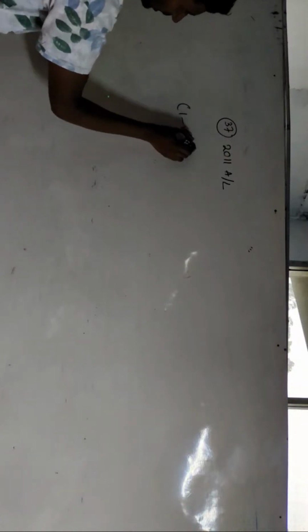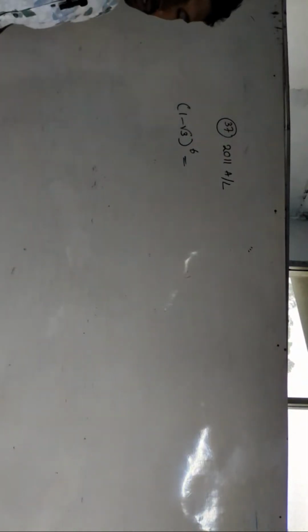That is 2011 A-level question. So now you can understand that you need to first write down the expansion of 1 minus root 3 to the power of 6. So write down that expansion. Don't simplify it, okay? Just leave the answer with your notation. Identify the negative numbers. Then add it with the positive expansion number.